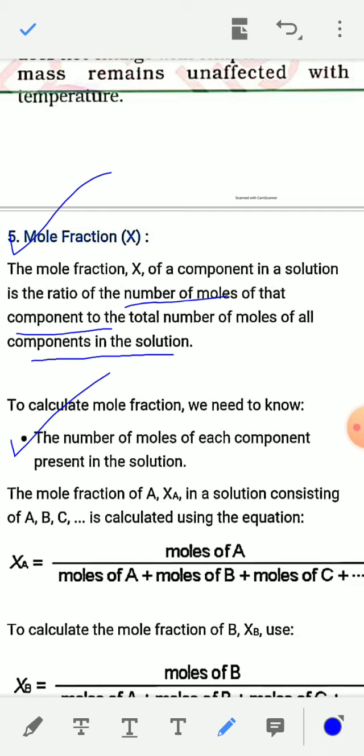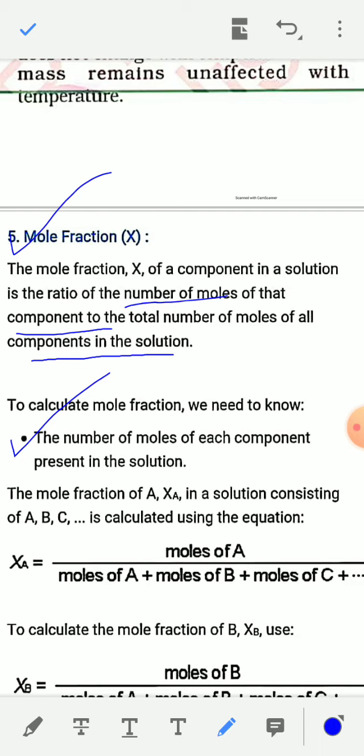Suppose the mole fraction of A is Xa in a solution consisting of A, B, C, where moles of A is Na, moles of B is Nb and moles of C is Nc.